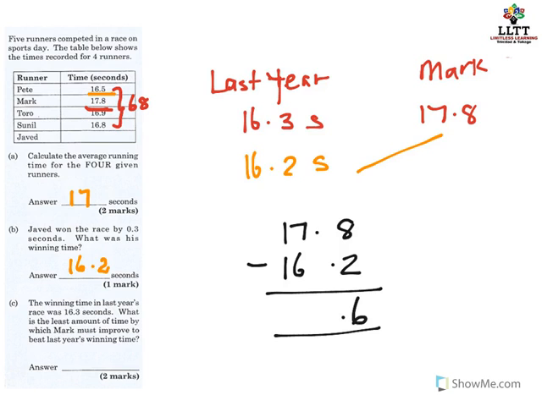We put back our decimal point. 7 minus 6 is going to be 1. 1 minus 1 is going to be 0. So we're left with 1.6 seconds. So Mark has to improve by at least 1.6 seconds in order to beat last year's winning time.